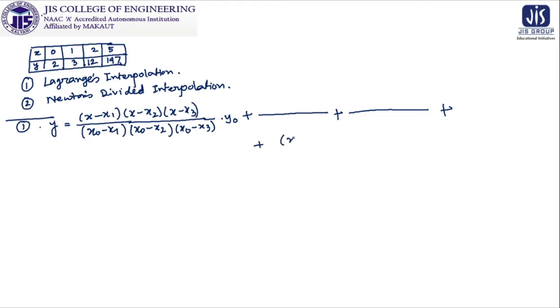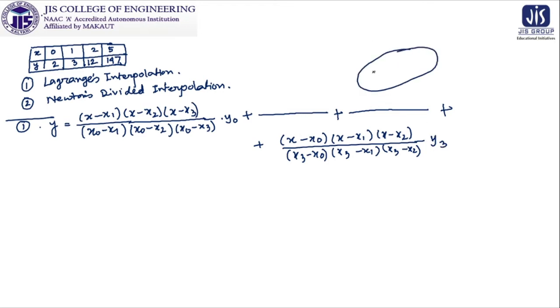The last term will be x minus x0, x minus x1, x minus x2 by x3 minus x0, x3 minus x1, x3 minus x2 into y3. Though I am not doing it here, please do the complete job.